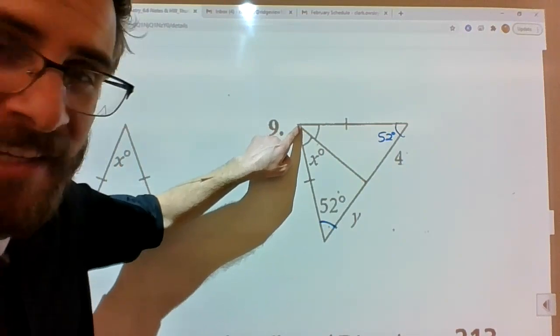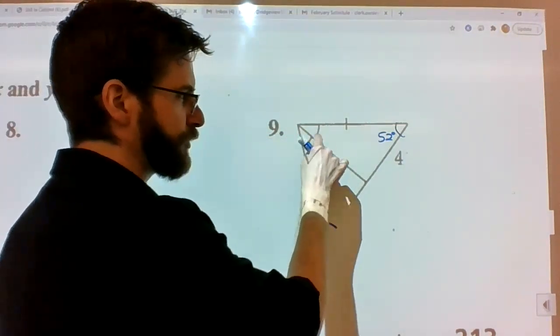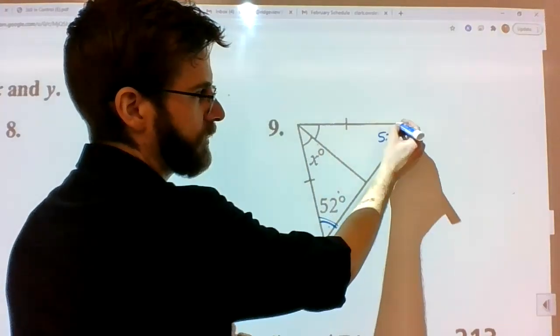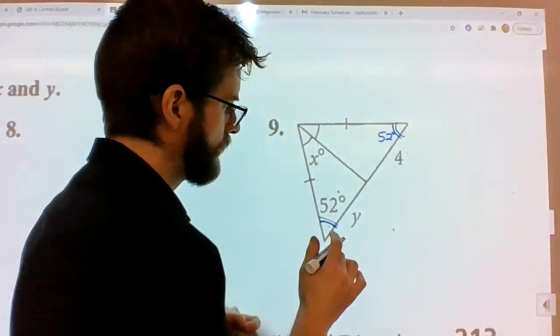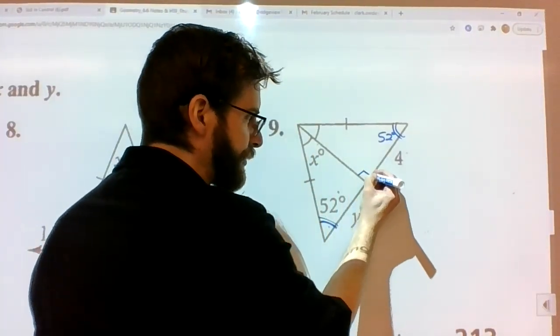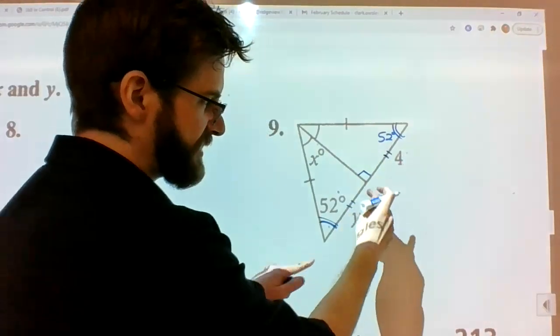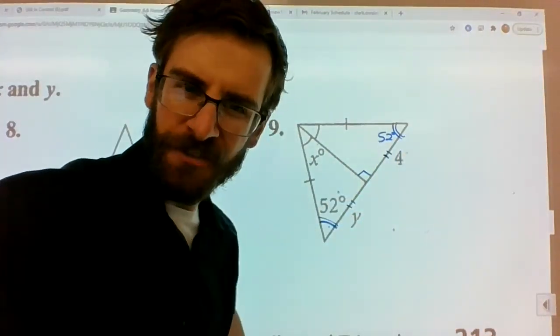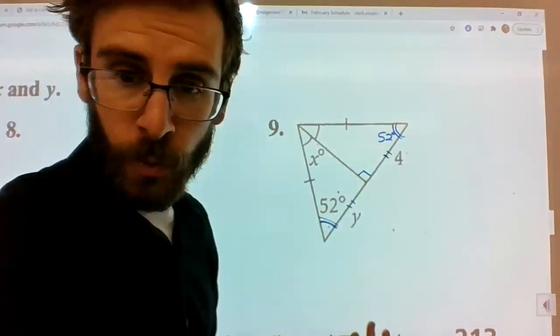Furthermore, if you split the triangle right down the middle here and it creates congruent angles, I should probably change this to double so as not to assume that these angles are the same. They're not. This is 90 degrees, and these two segments must be congruent to each other. That was the 4.5 theorem, the very last one I talked about. So right away you can say that y is equal to 4.